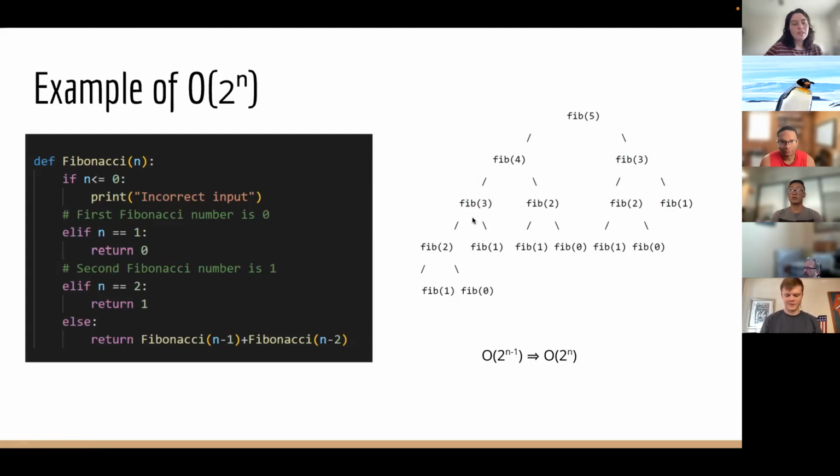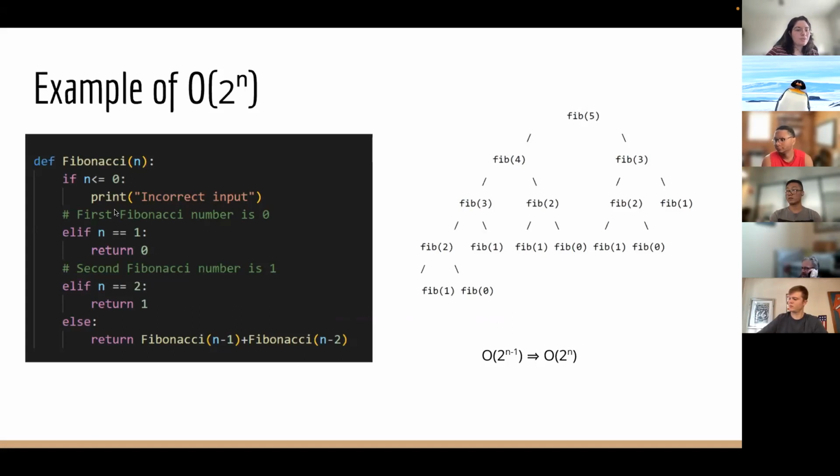Then what it would create under it is, because it's returning fib of 4 plus fib of 3, and then for each one of these, another tree opens up, and it ends up being 2 to the n minus 1. That's the actual complexity, but because we don't care about constants, it's going to be O of 2 to the n.